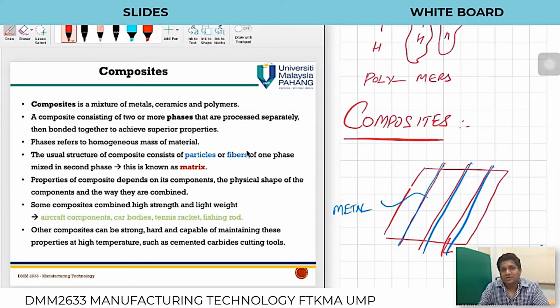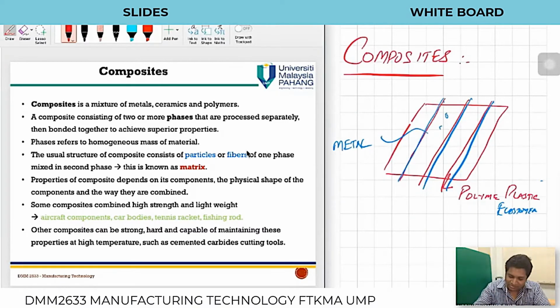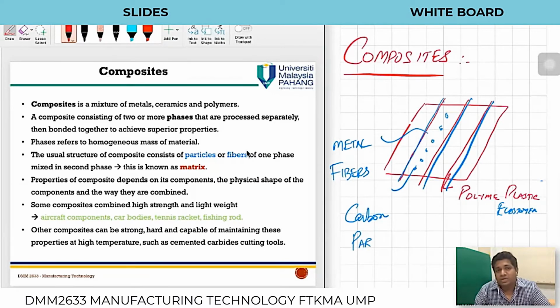A composite is a material which is a combination of two or more different types of materials. I can also add small particles of ceramic. Let's say I put carbon; carbon strengthens the plastic. Metal fibers are long materials, while small materials like carbon particles are called particulates.